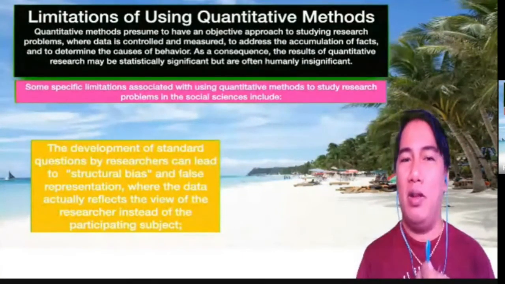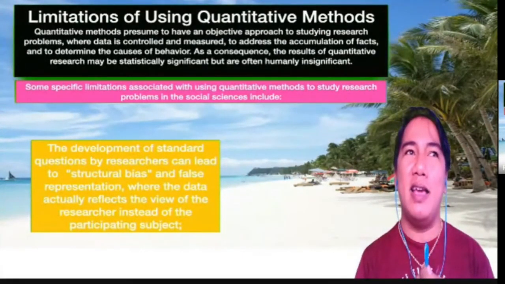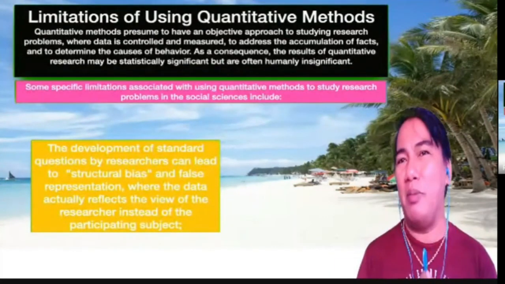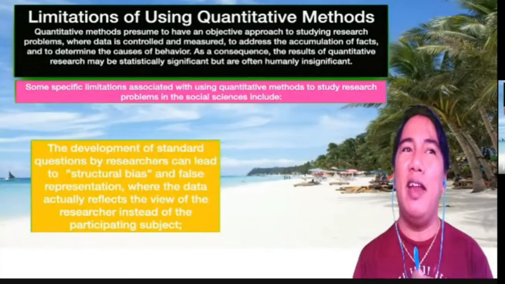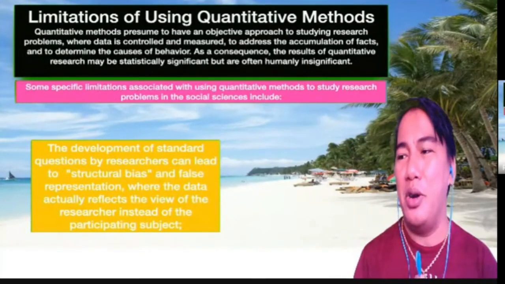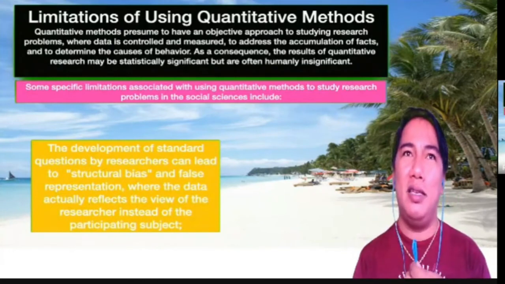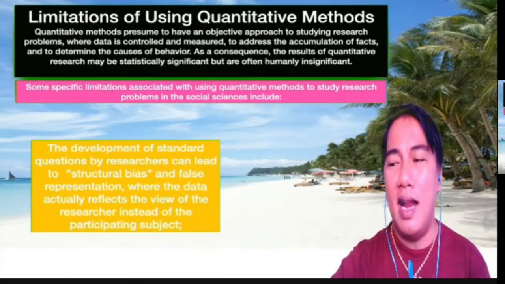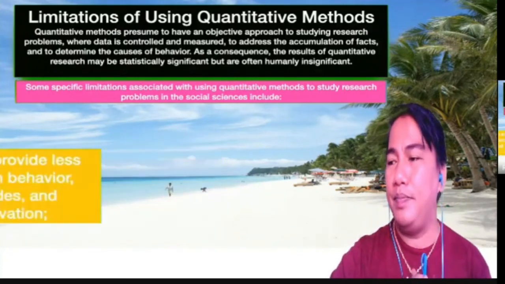Pero dahil ang choices mo lang ay yes or no, part of you is saying yes, pero may part of you are saying no. Hindi mo na na-explain yung part of you na nagsasabi na no. So, nandun ka na sa yes agad. Okay? So, nagkakaroon ng structural bias.